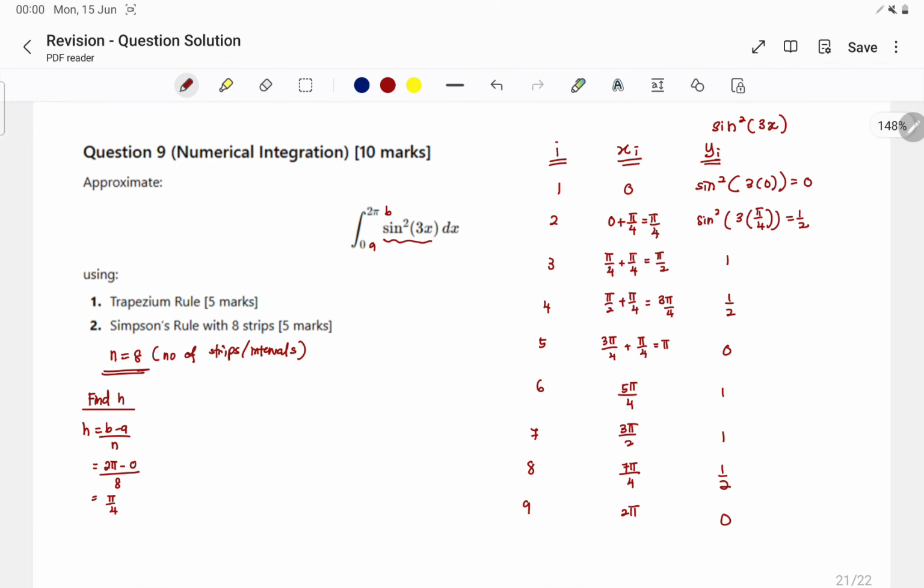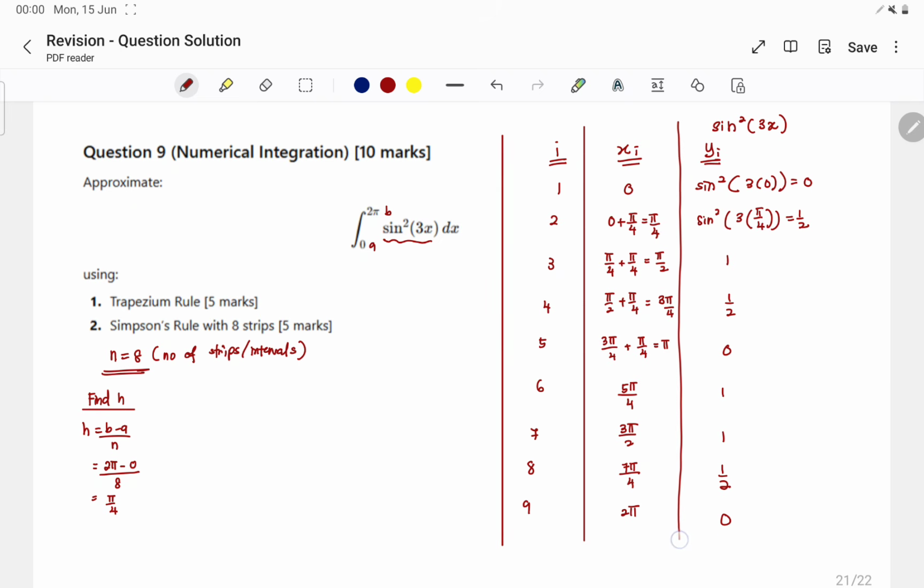Okay, to make it easier for you to see, I make a column like this, which you have like that.